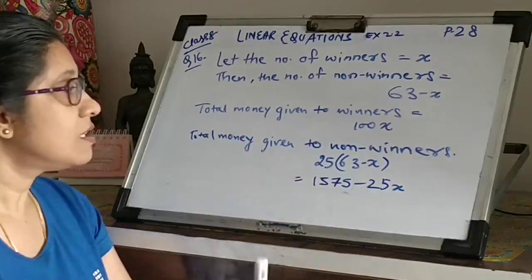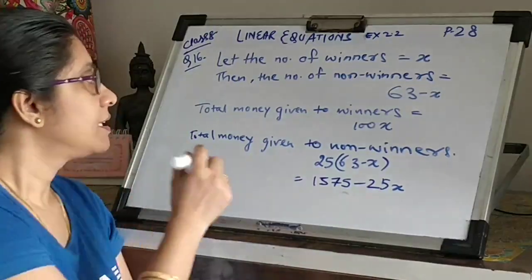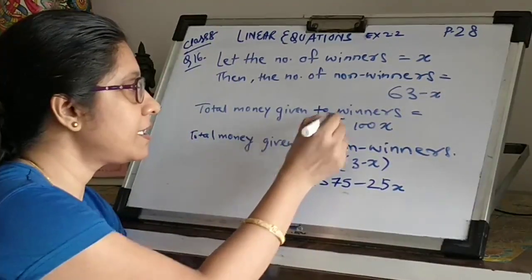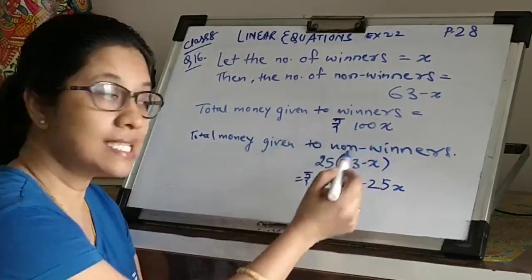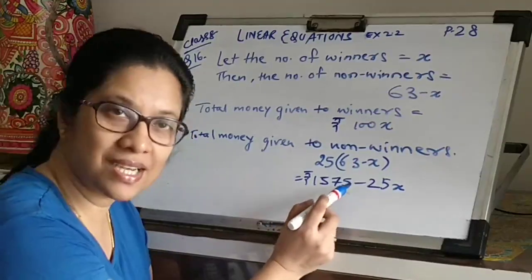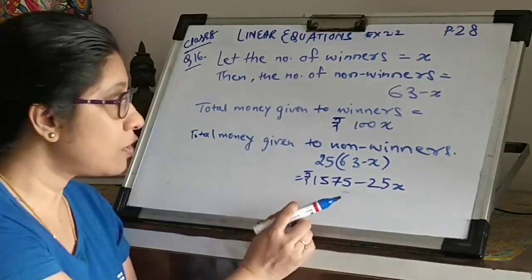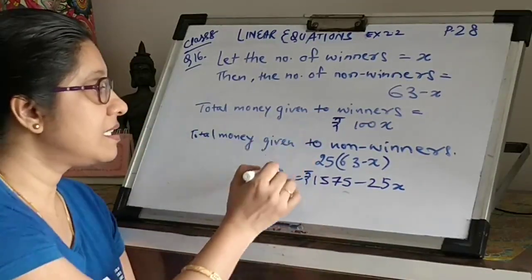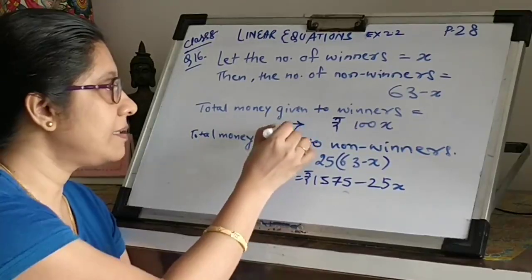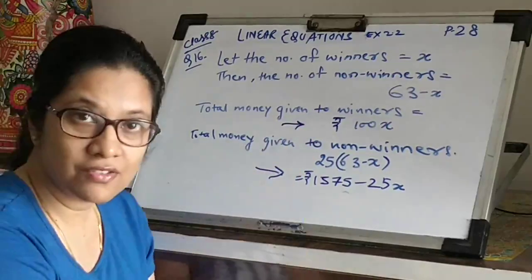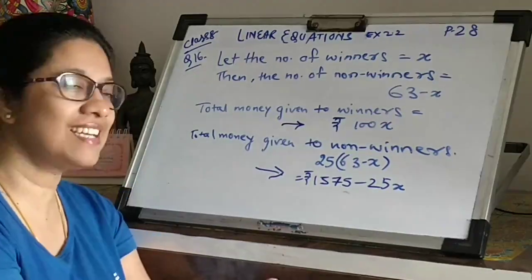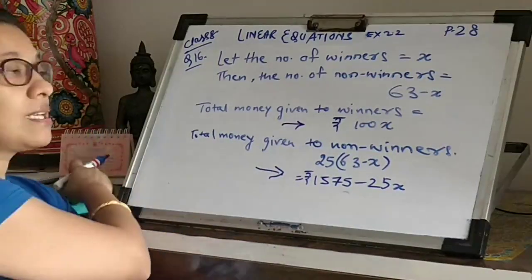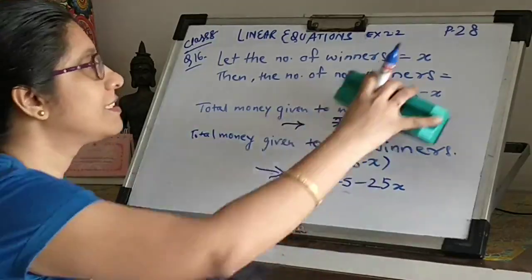So what do I get? This is actually the money: rupees 100x and rupees 1575 minus 25x. These two together make the total amount, which is already given to us, which is rupees 3000. So what is the equation that I get?